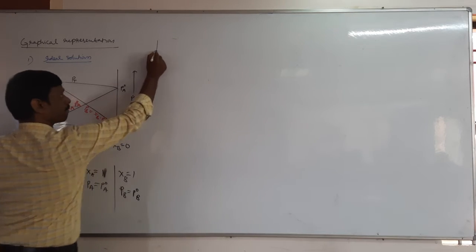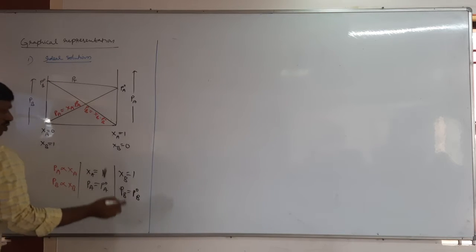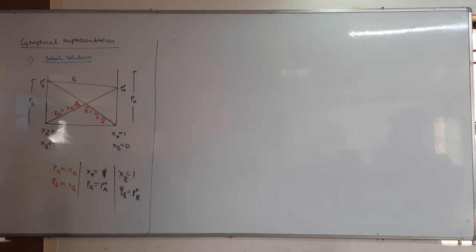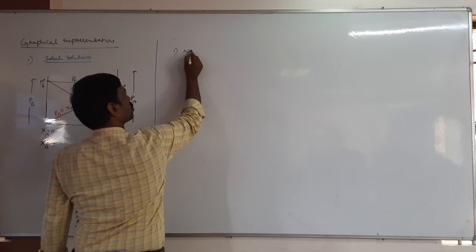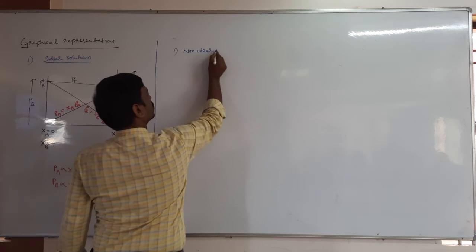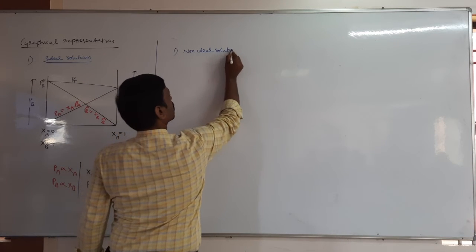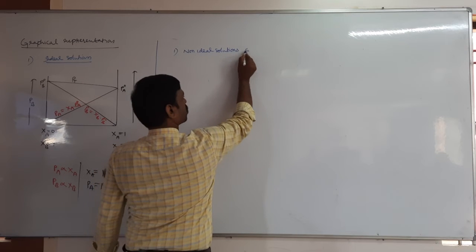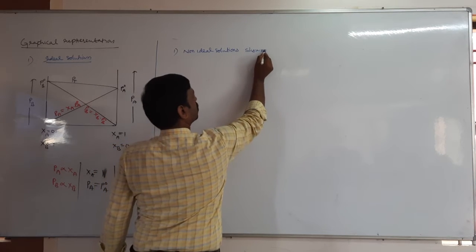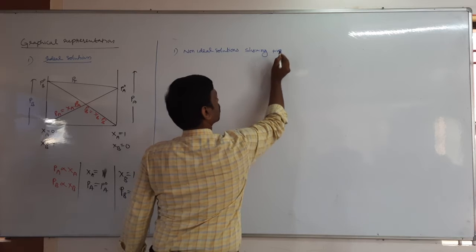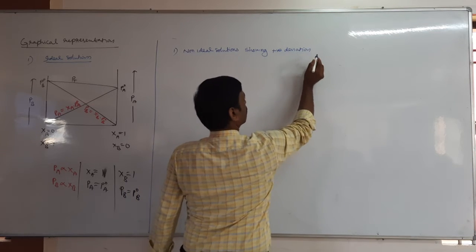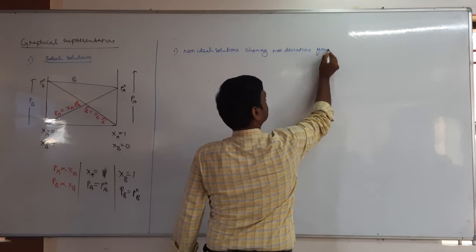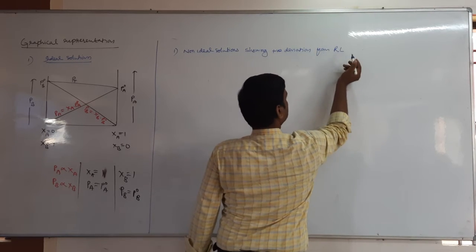Next, non-ideal solution. So non-ideal solution is further classified into two types. One, non-ideal solutions showing positive deviation from Raoult's law.